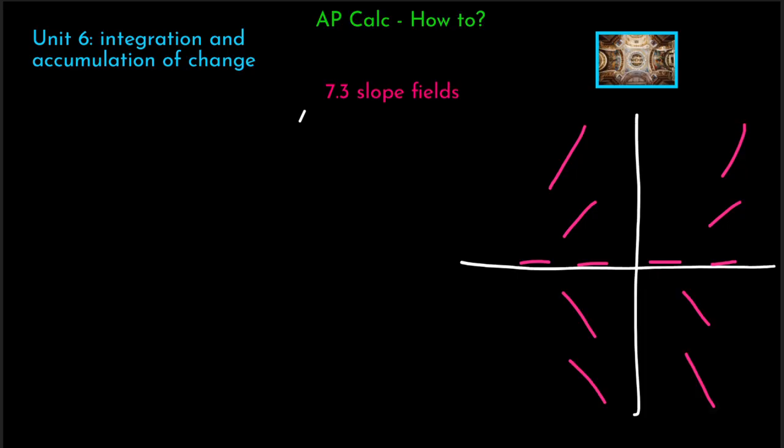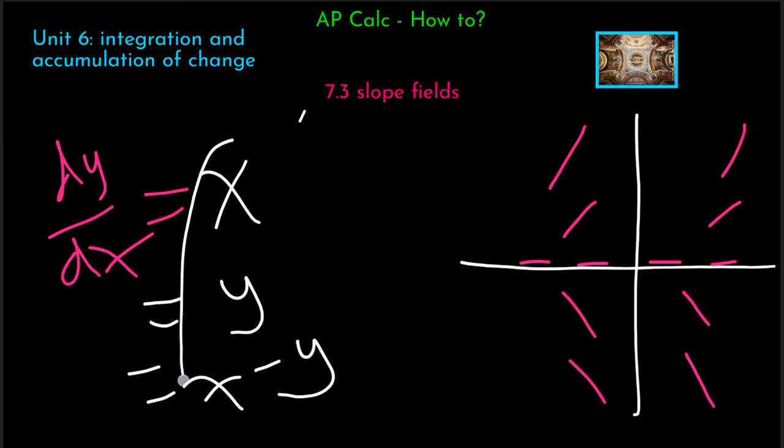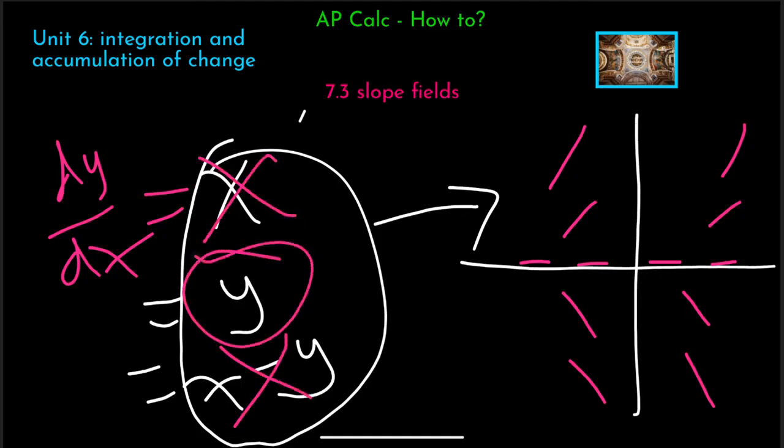Which equation fits best? dy over dx equals x, or equals y, or equals x minus y. Which of these three matches this the best? Go ahead and pause and try to solve it yourself. Since the slope only changes with y, not x, eliminate a and c. So it's only going to be changing with y.